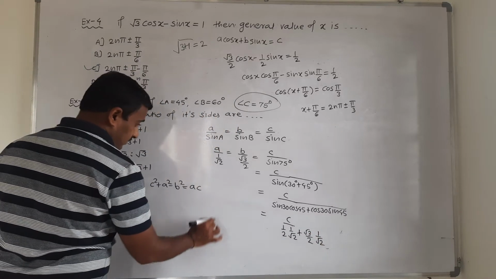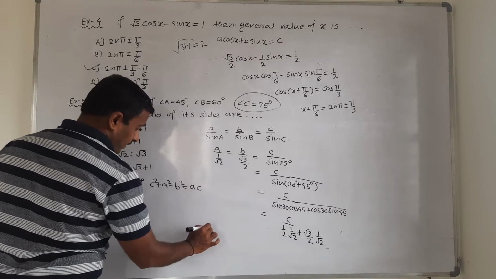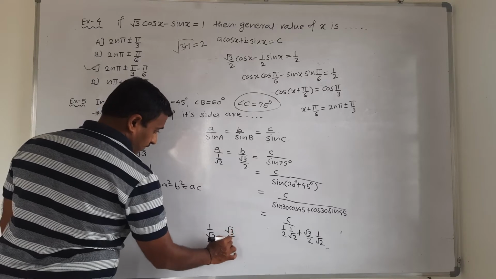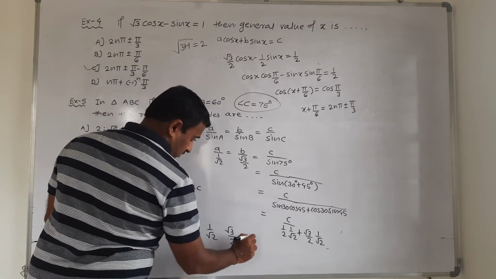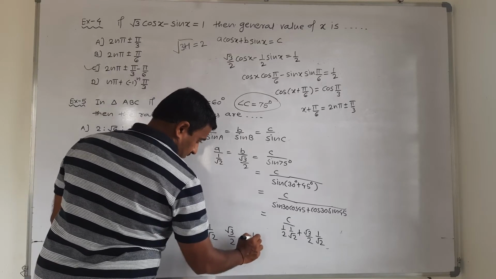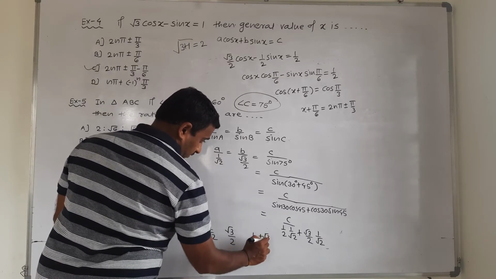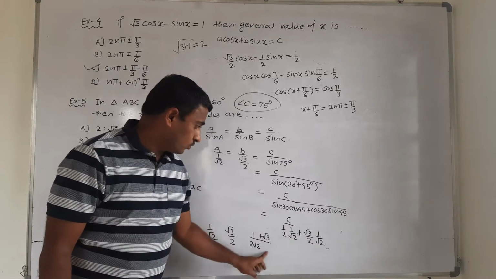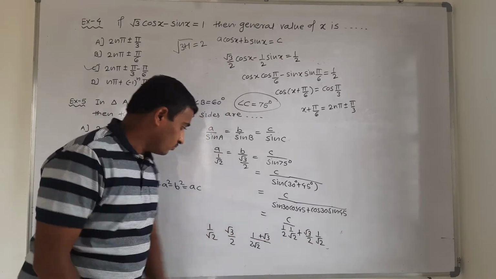Therefore I write just denominator 1 by root 2, then root 3 by 2, and the last one is 1 by 2 root 2 plus numerator root 3. This is just 1 upon 2 root 2. Here again denominator 2 root 2, root 3 into 1 plus root 3.